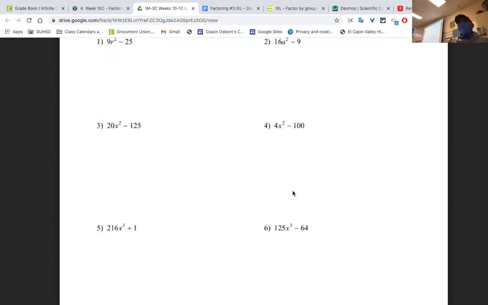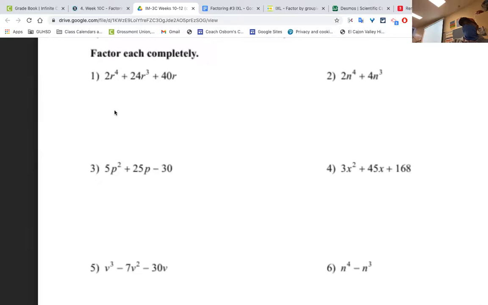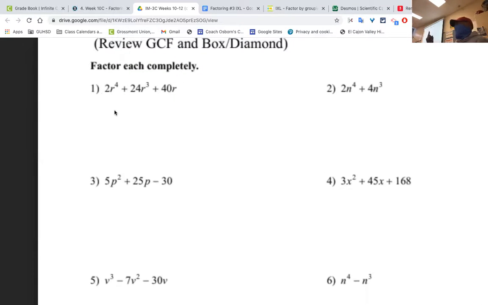All right, so the first thing we looked at was using the GCF, which could apply to every problem you work on. Then there's box and diamond. With GCF, you are first looking to see if there's a common factor between every term.